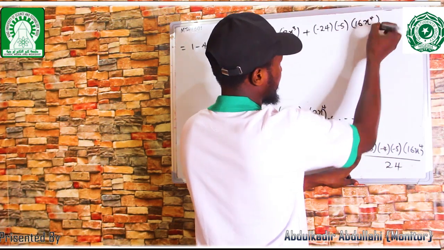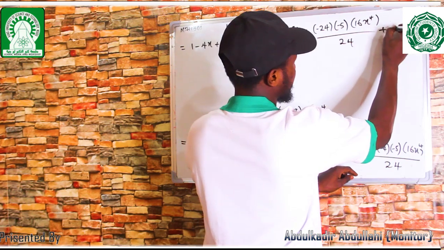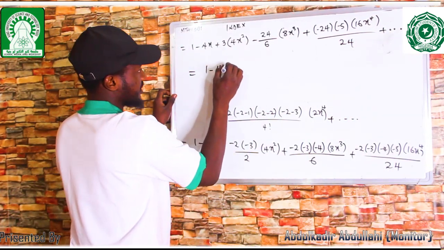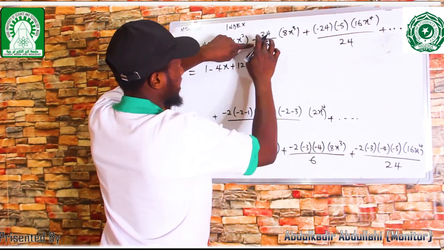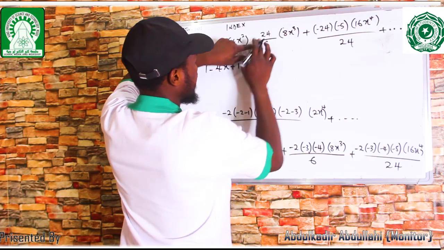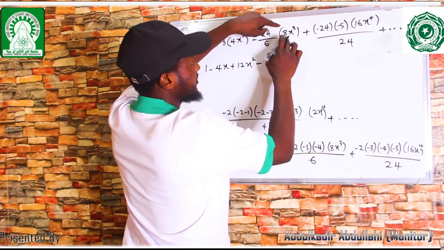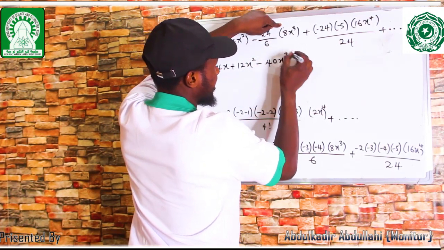all 16x power 4 all over 24. Now let's just write 1 minus 4x plus 12x squared, this and this, minus 24 divided by 6 is 4, 4 times 8 is 32, 32x power 3.